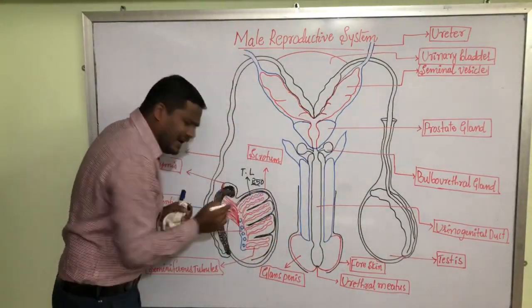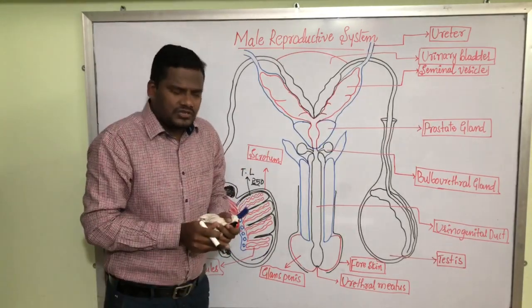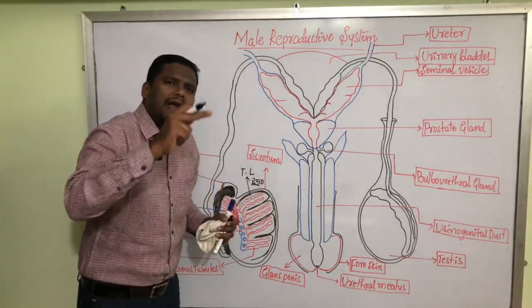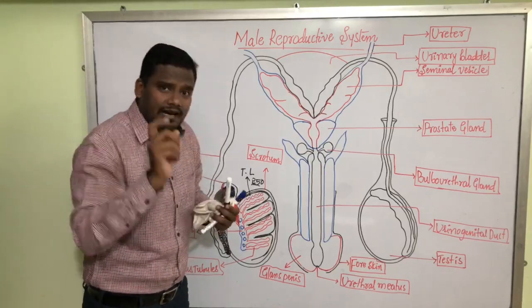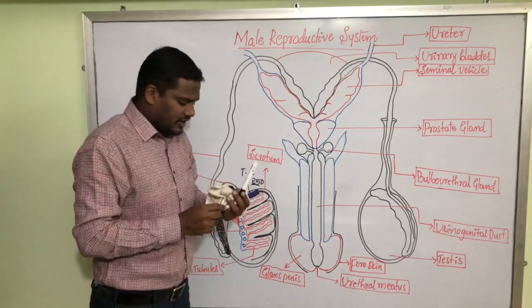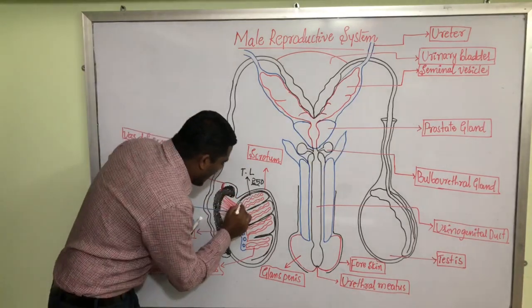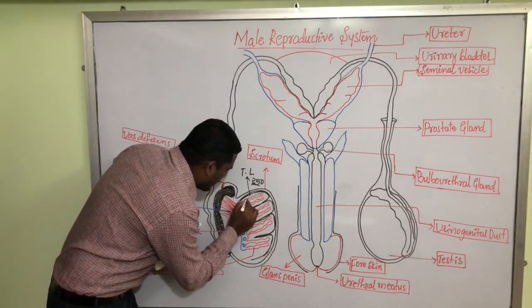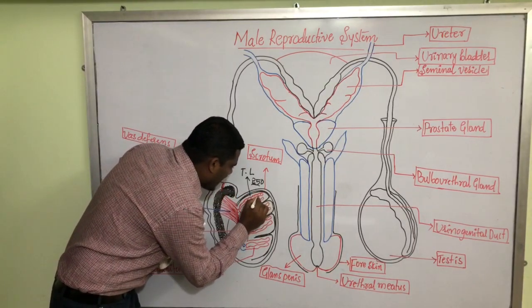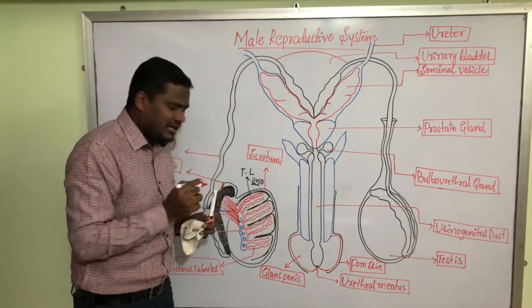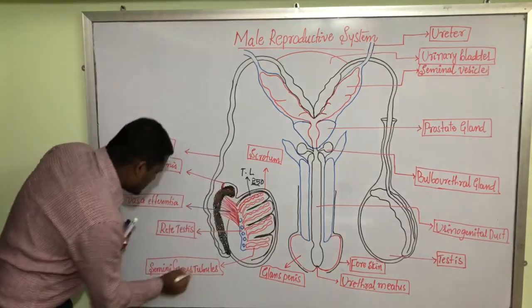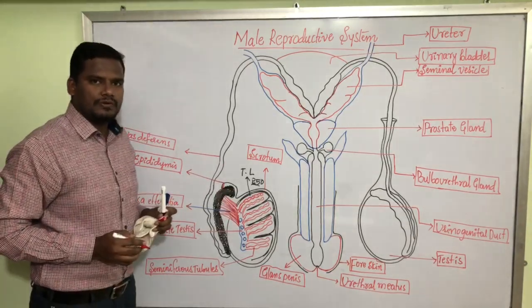Now, inside these 250 compartments, we have certain coil-like, tube-like structures. They are highly condensed and tubular in their structure. They are coiled, condensed tubular structures called the seminiferous tubules.